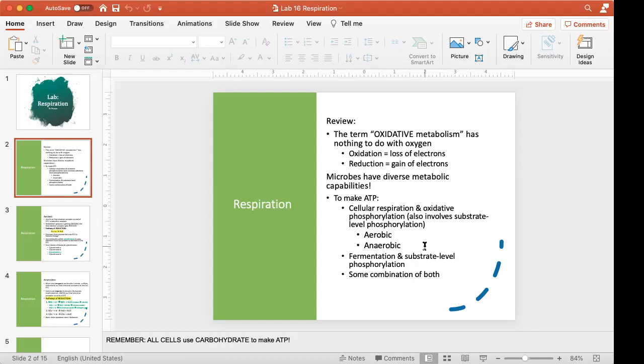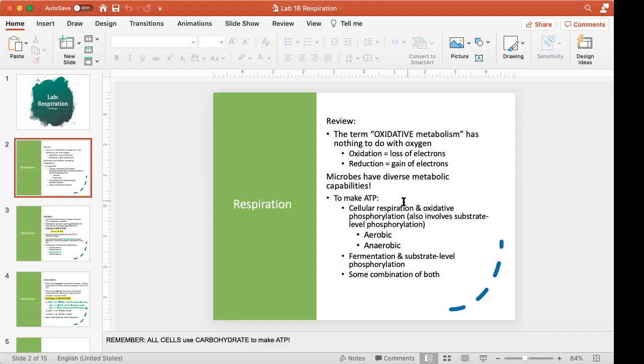We know that there is another way for cells to make ATP outside of breaking glucose down in cellular respiration. There's a whole different pathway available called fermentation. Some microbes can do it, some microbes can't. And of course, there are some microbes that only do fermentation.